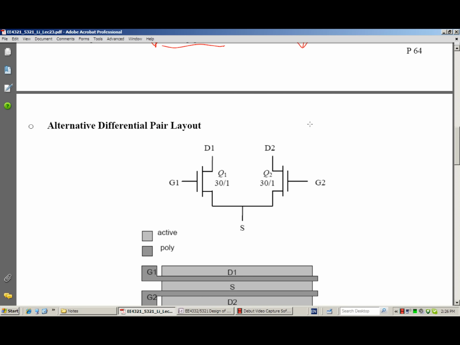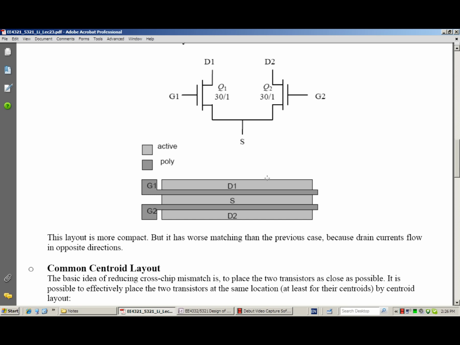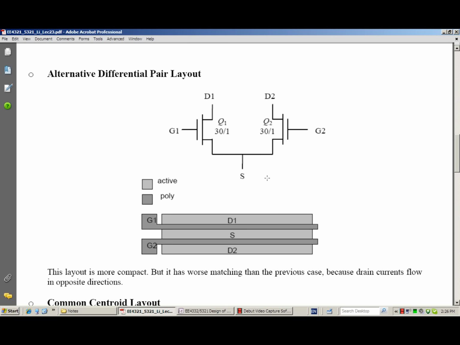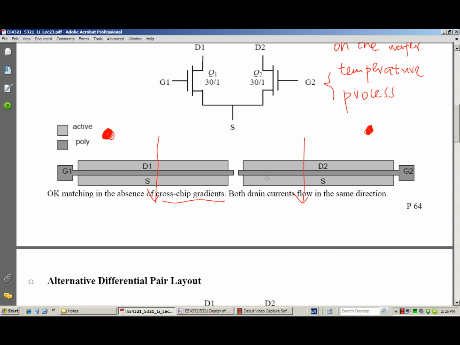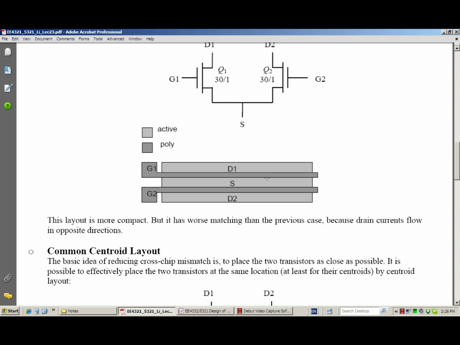Another alternative differential pair layout is to make the layout more compact, not that wide. So we share the source because the sources of the two transistors are connected together. We share the source, and we have a drain here, and two gates, one on the top and one on the bottom.